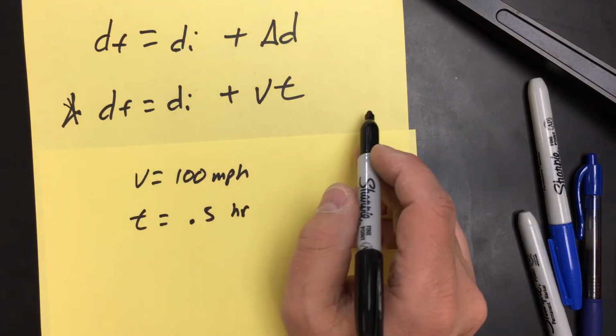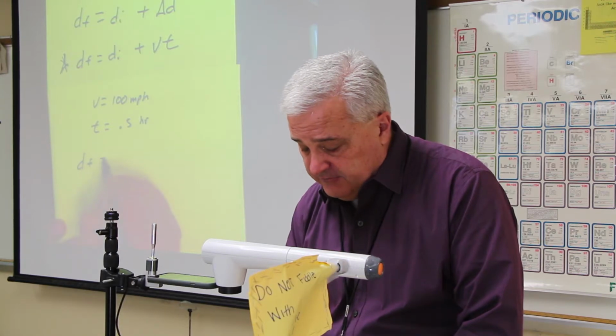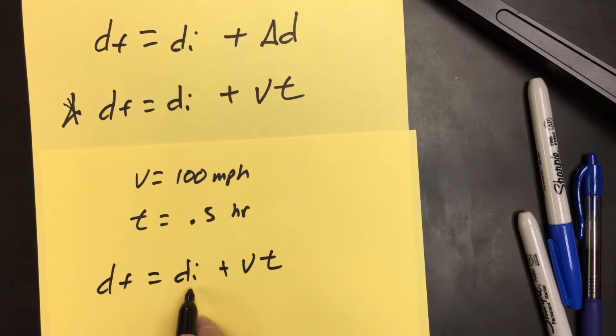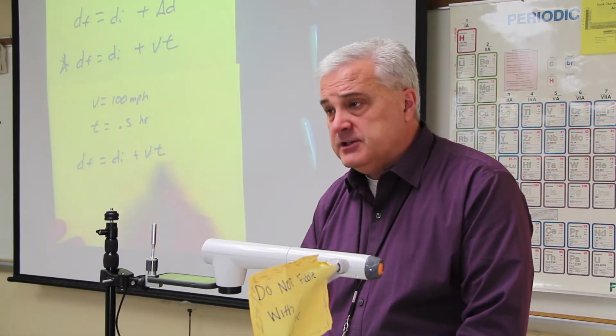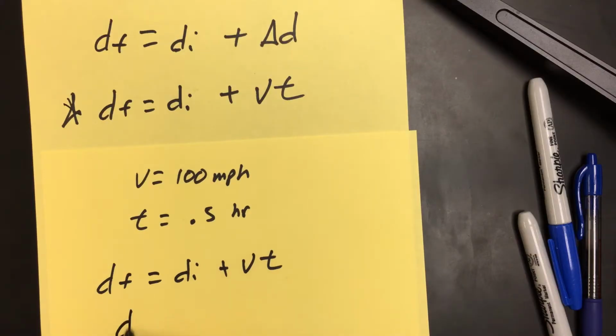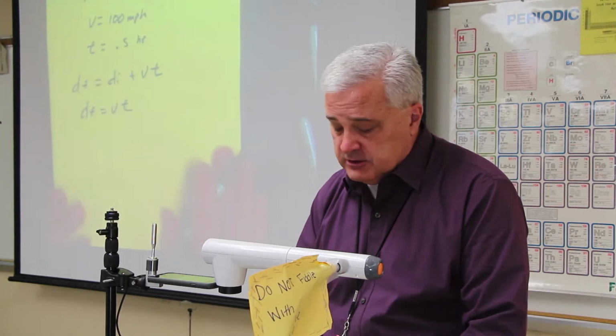So we're going to rewrite the relevant equation. D sub F equals D I plus V T. Now D I is 0. So 0 plus anything is anything. So D F equals V T. It's going to be very simple now. We're going to take the 100. I'm not even going to use the colors on this.